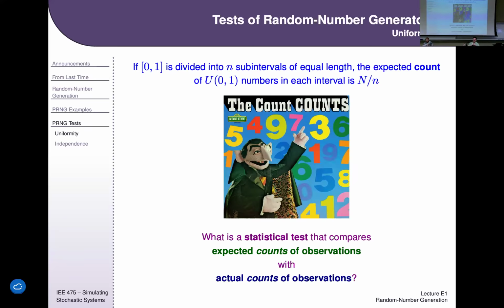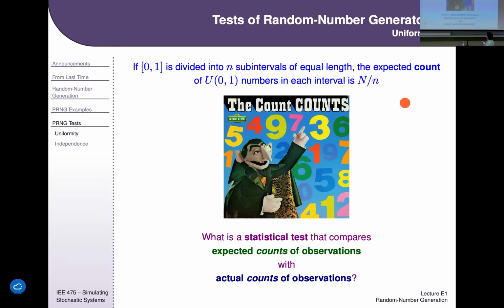So we now need to build a statistical test about counts. We're going to have count data. You drew 100 numbers and we expect to see 10 in each one of these 10 bins. So do we get a deviation from our count expectation?